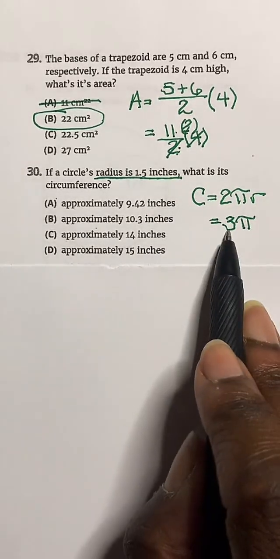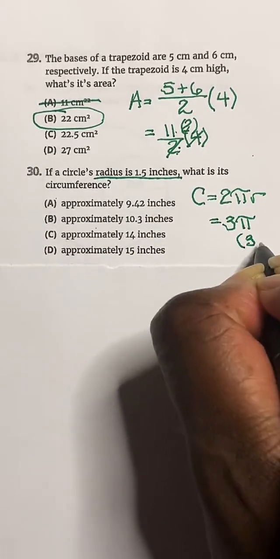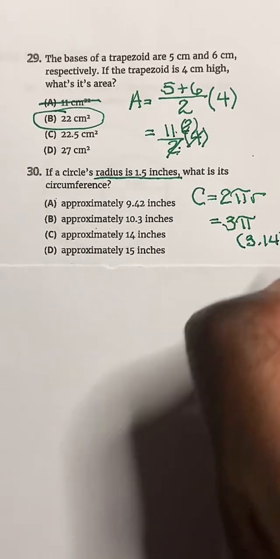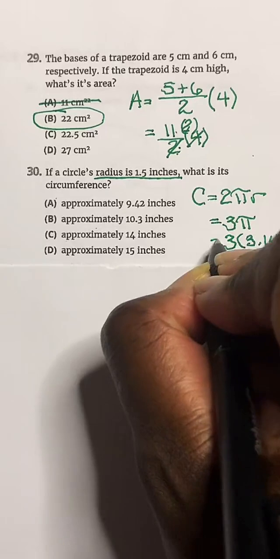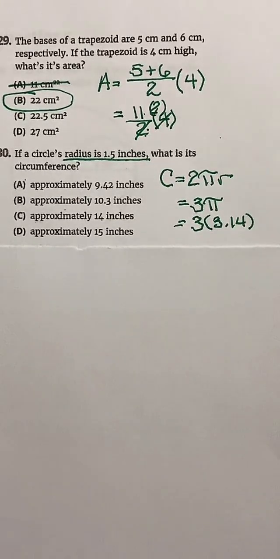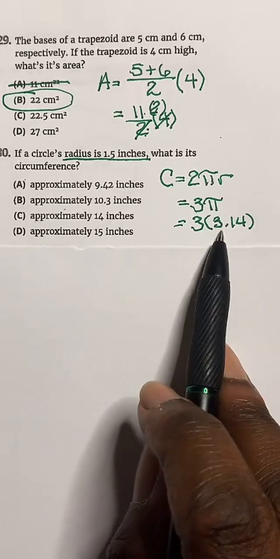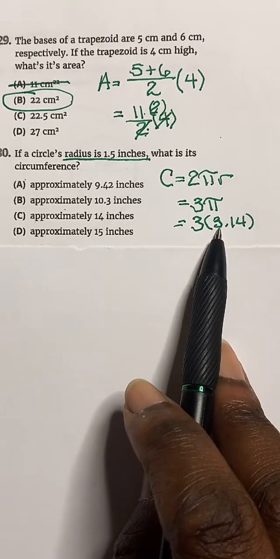We know pi, if we recognize it, is usually 3.14. And we're multiplying that by 3. So without doing a whole lot of calculation, because again, the GED, the ASVAB, the Acuplacer, they do not allow calculators. So using a little bit of common sense, if I multiply the 3 by 3, I'm going to get 9, right?